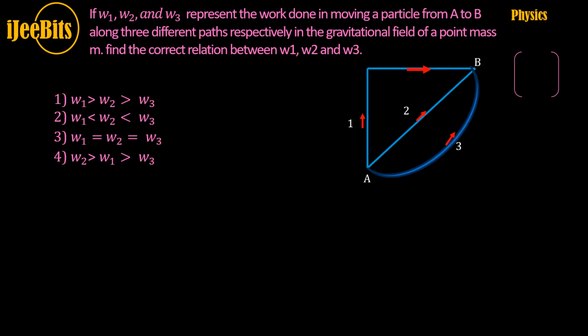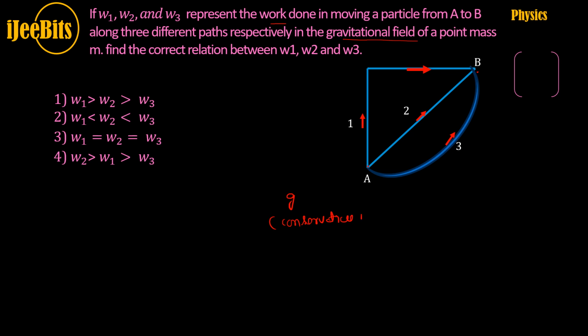Let's look at this problem statement. If W1, W2, W3 represent the work done in moving a particle from A to B along three different paths 1, 2, 3 respectively in the gravitational field of a point mass m, then find the relationship. When you look at a gravitational field, what is it? Gravity is a conservative force.